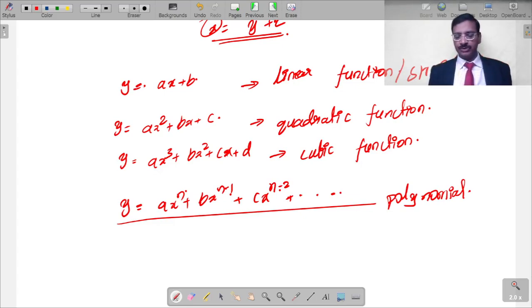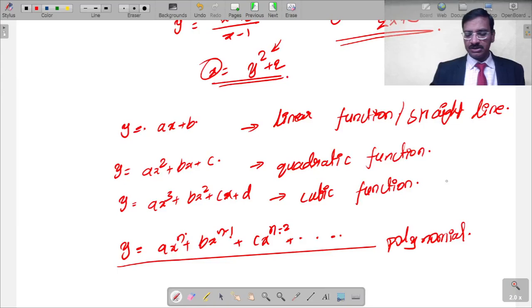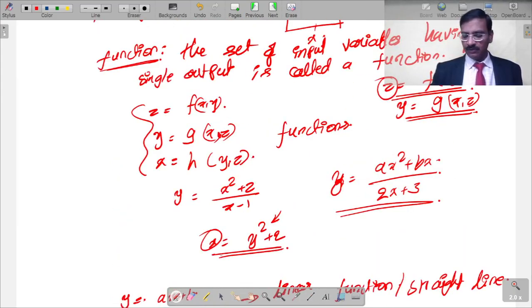When compared to any other function, meaning the other functions I have explained, suppose x is equal to y square plus 2, this is also a function, and (ax square plus bx) divided by (2x plus 3), this is also a function, (x square plus 2) divided by (x minus 1), this is also a function.